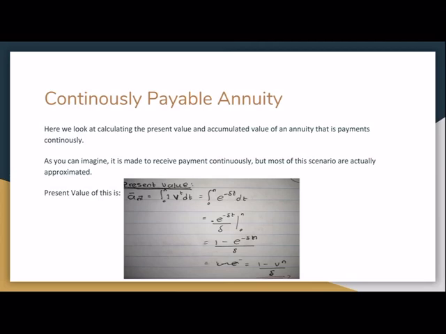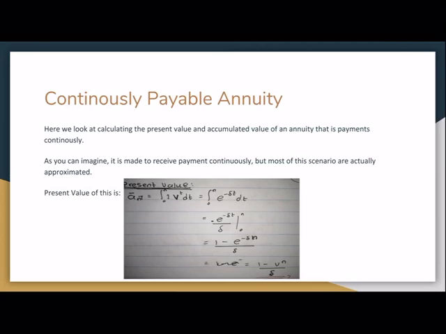But then you can approximate. So they would normally tell you to approximate that. Again, maybe they can tell you that these payments are made hourly or daily or even weekly. They can just tell you to approximate it to continuous payment. Then you will use this formula of the present value, and this present value is represented with a line on the top of the formula to show that it is continuous, and that's how you write it.